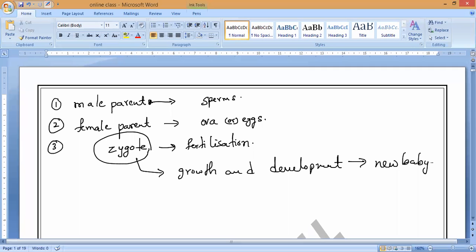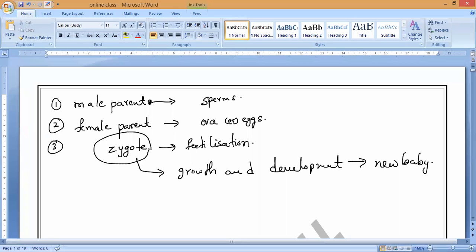Now, complex multicellular animals like human beings have special reproductive systems, that is, special reproductive organs to make eggs and sperms.